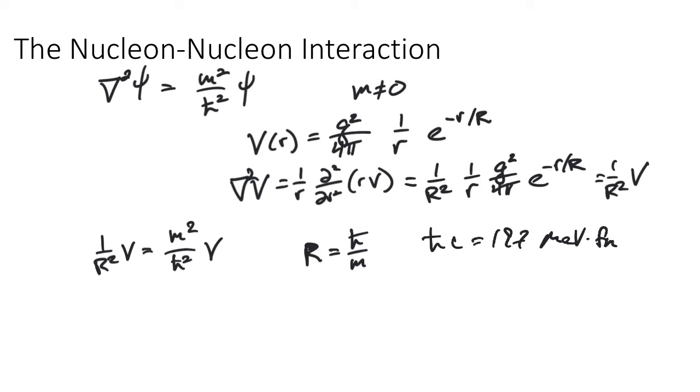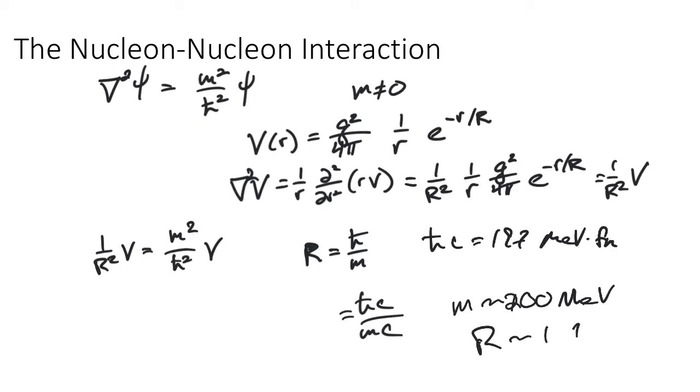And so if we plug in a c here, so h bar c over m c, I'm not going to worry too much about the c's except for the upper part, but then we need to have m of order 200 MeV for a range of 1 Fermi.